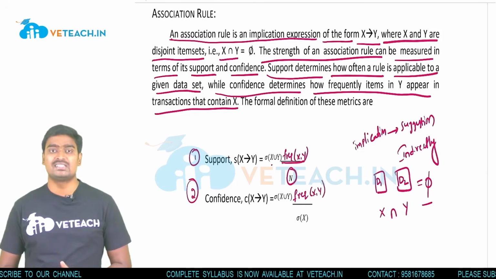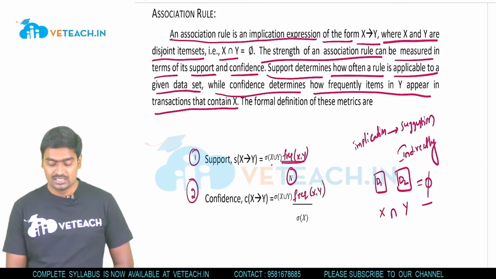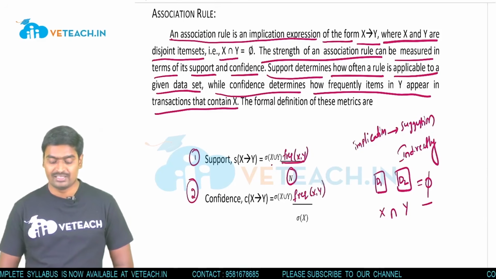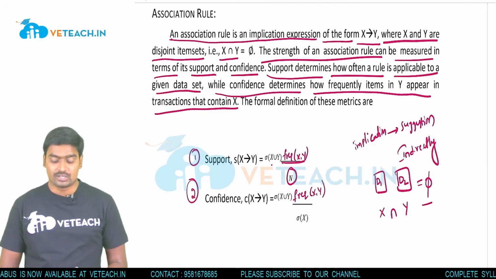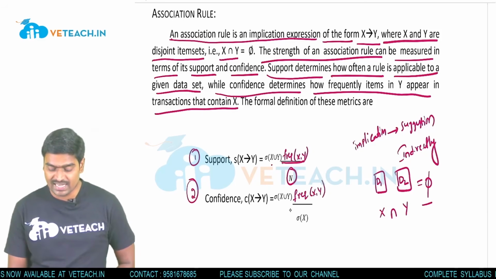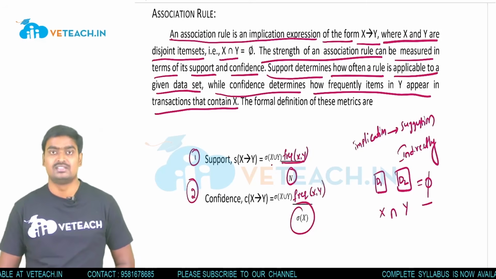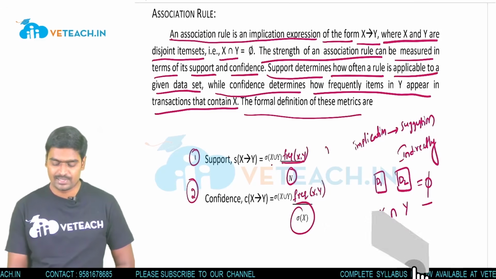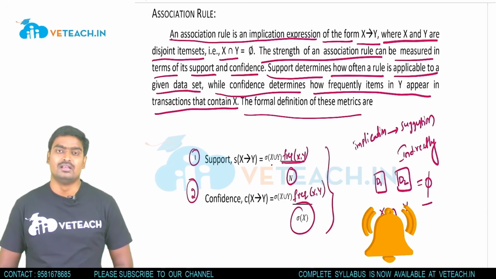In the given data set, to apply the support, it is the frequency of X comma Y divided by N, the number of values. Coming to confidence, it determines how frequently items in Y appear in the transactions that contain X. This is the formal definition of support and confidence level.